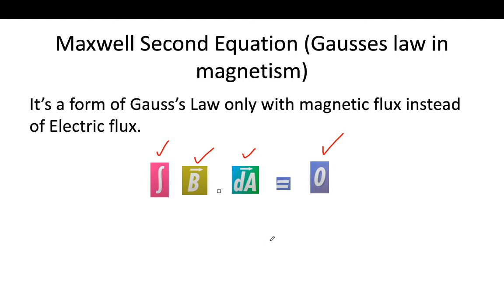Because this is north pole and this is south pole. I'm talking about a magnet because the second equation is related to magnetic flux. And what was the magnetic flux? The lines were like this, I think you remember this.